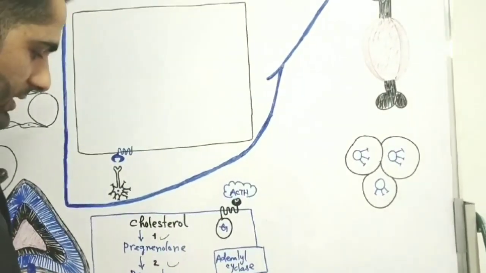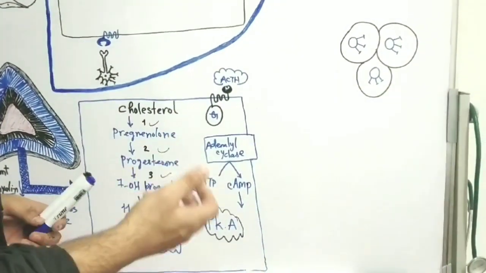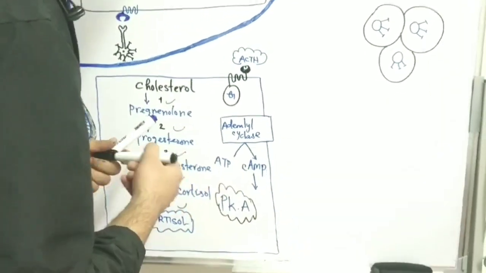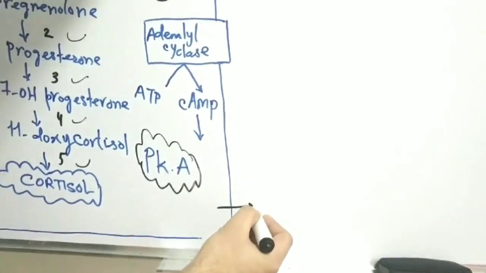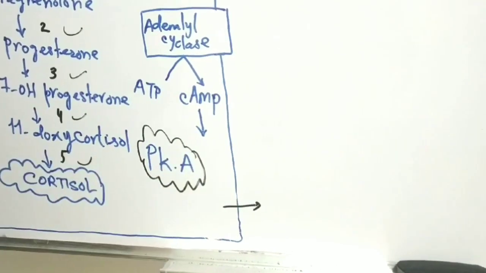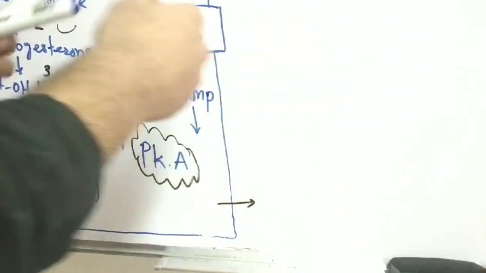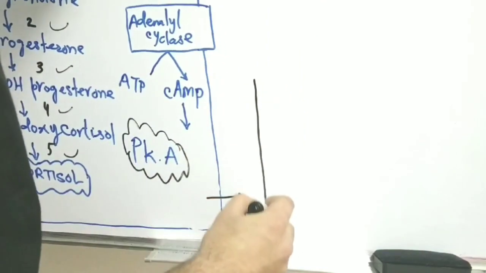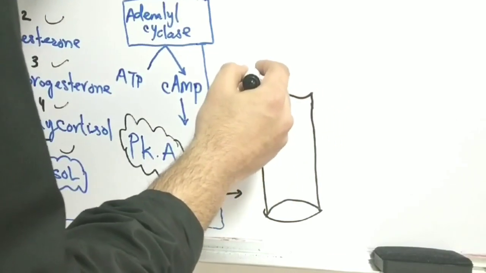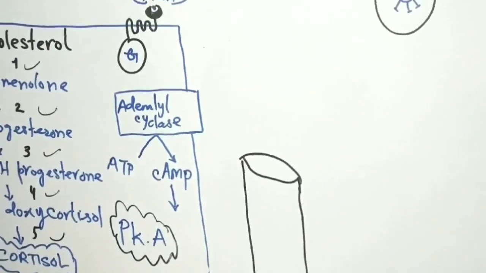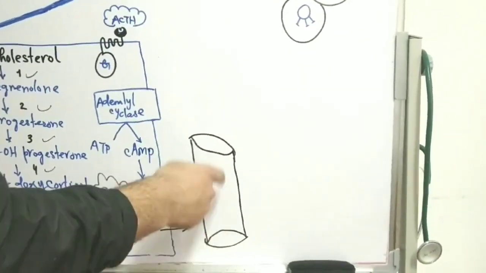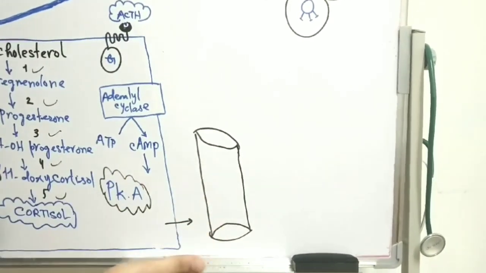This cortisol is a steroid hormone. We know it is a lipid soluble hormone. It can easily cross the cell membrane. Now it has crossed the plasma membrane. Suppose here is your bloodstream. In the blood, it should be transported by a carrier molecule. It cannot be transported without any help.